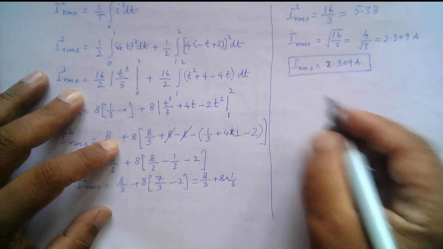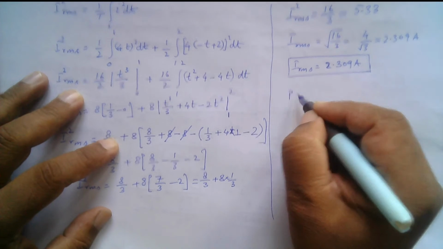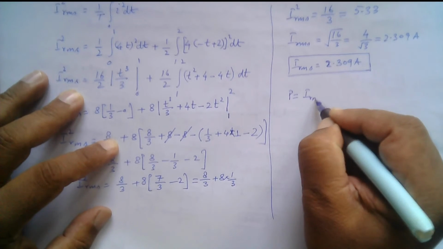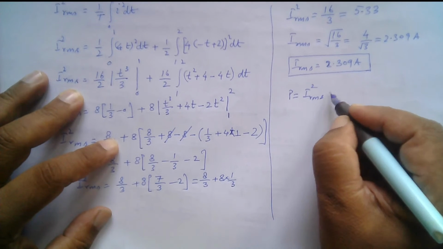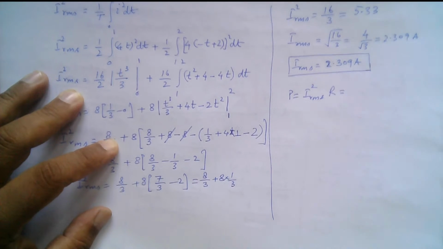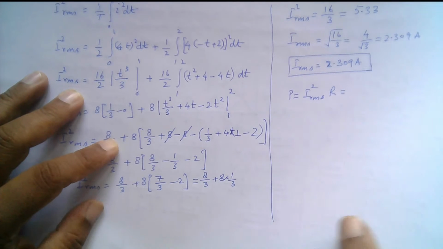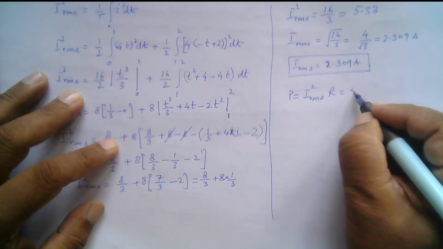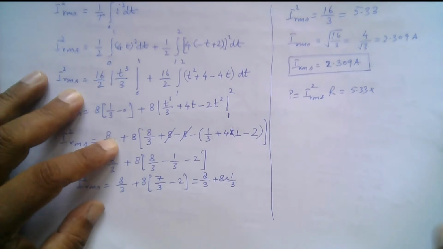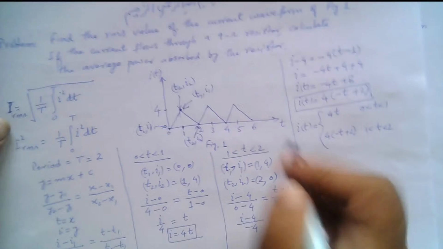the power also. So the power to a resistor is given by IRMS square multiplied by R. So the RMS value is this, and the square is this. So 5.33. What was the value of the resistor? The value of the resistor was 9 ohm.